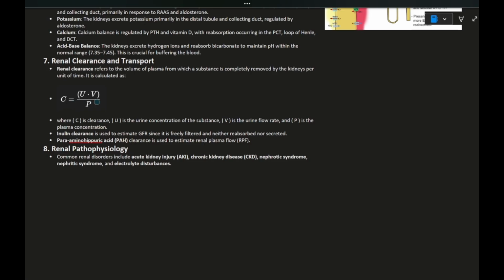So, now when you need to estimate the glomerular filtration rate, you use this substance called inulin to accurately measure clearance. This is because inulin is freely filtered and is never reabsorbed nor secreted, so that can be an accurate marker for measuring the glomerular filtration rate.